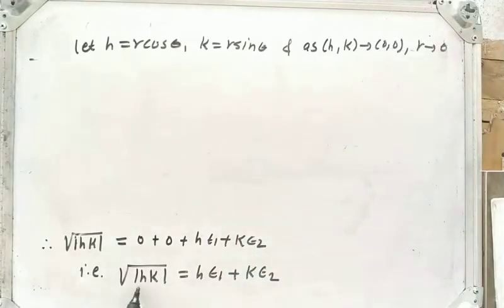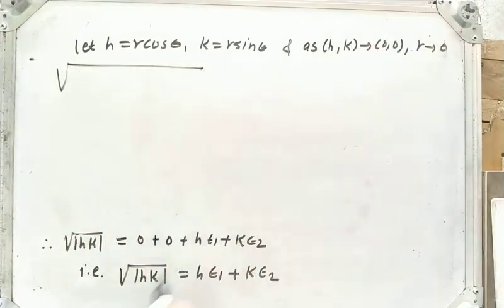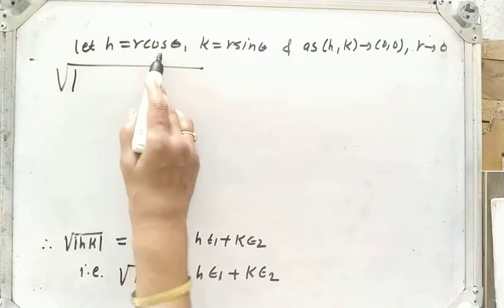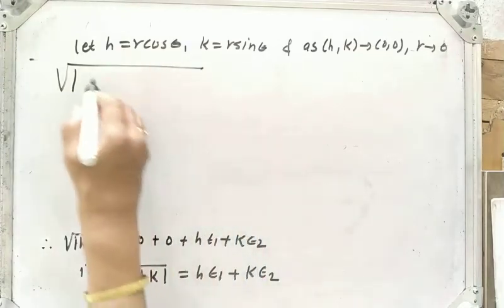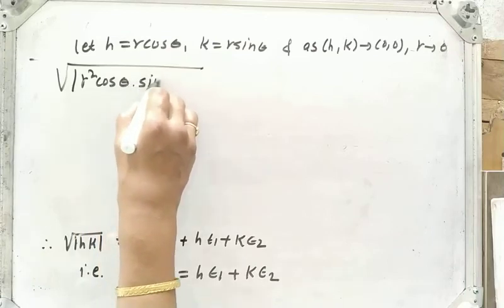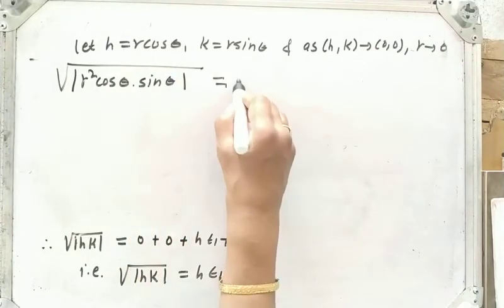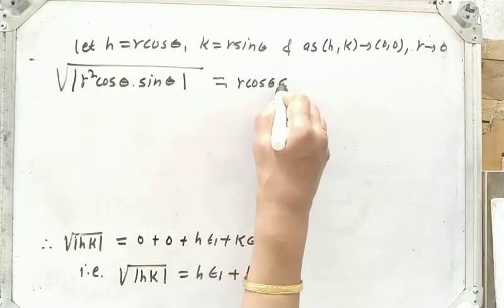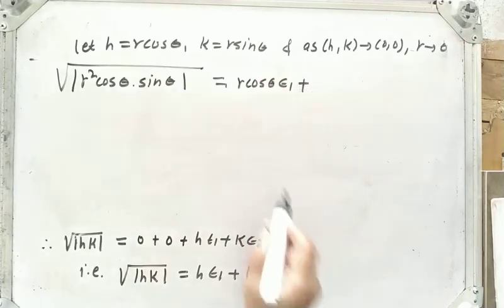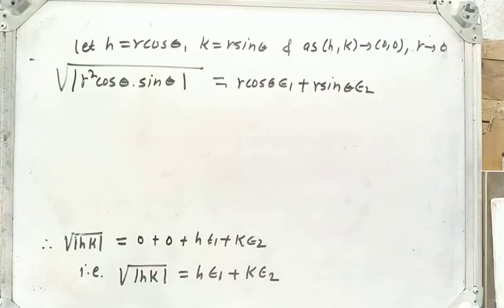So the square root of mod of hk becomes the square root of mod of r cos theta into r sin theta, that is r square root of mod of cos theta sin theta, is equal to h epsilon 1, that is r cos theta epsilon 1, plus k epsilon 2, where k is r sin theta epsilon 2.